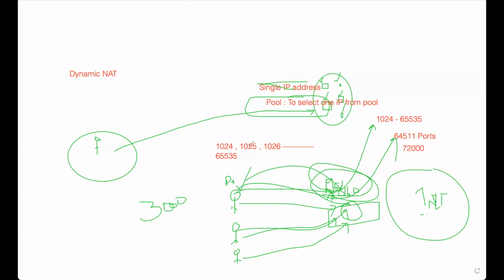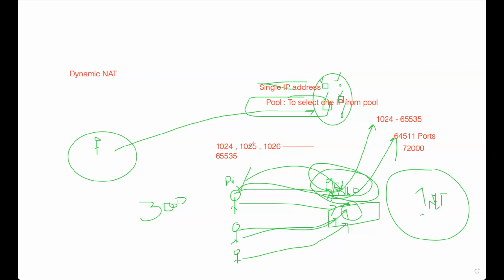So if you use a pool of IP addresses, a user may select one IP or the other. That is called dynamic network address translation, because we are not manually mapping one IP to another IP, but we are creating a pool and we have multiple users that can point to more than one IP.